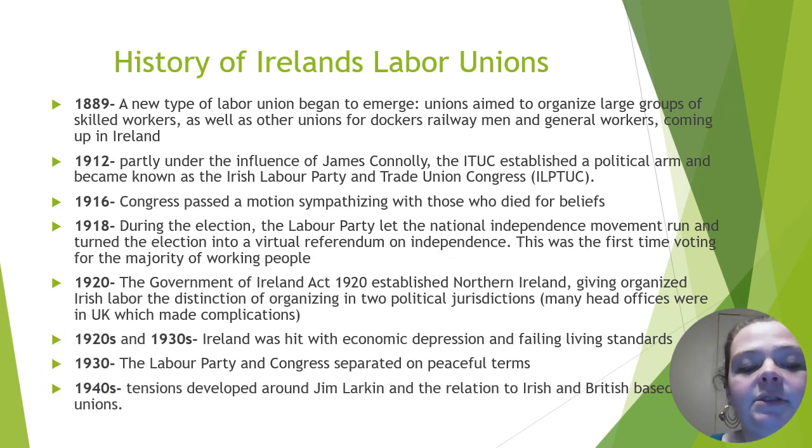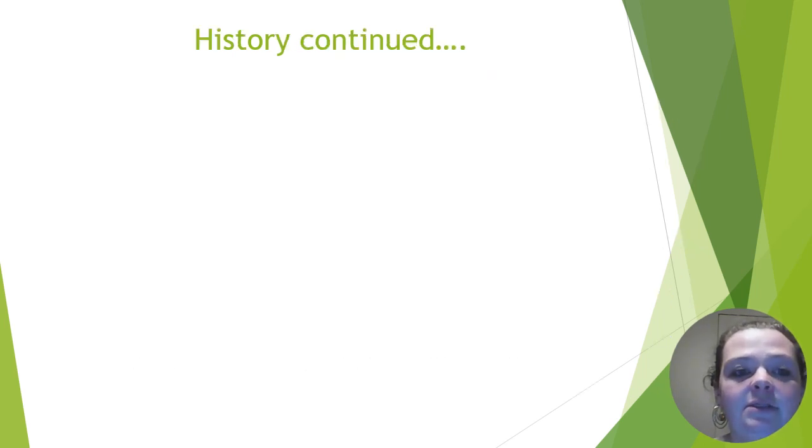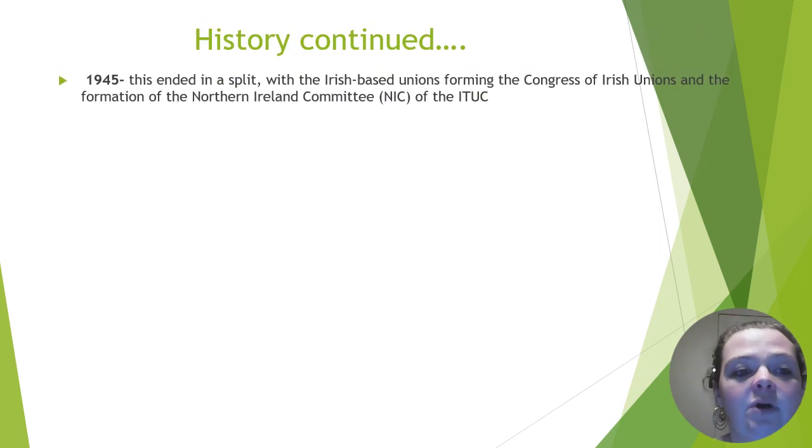In 1940, tensions developed around Jim Larkin and the relations between the Irish and British-based unions. Continuing on with more history, in 1945, this ended a split with the Irish-based unions forming the Congress of Irish Unions and the formation of the Northern Ireland Committee, or the NIC, of the ITUC.